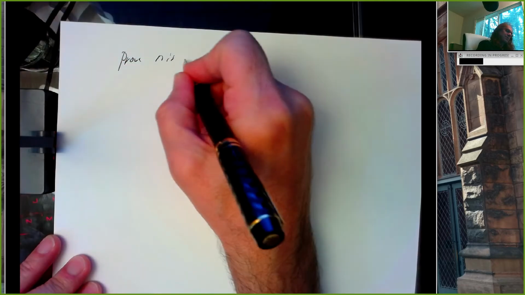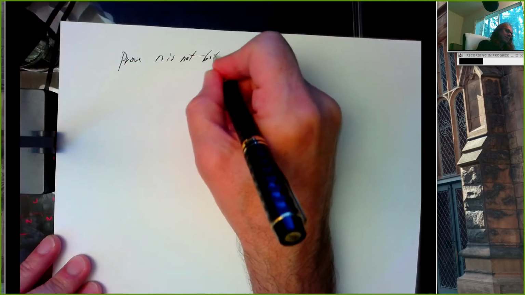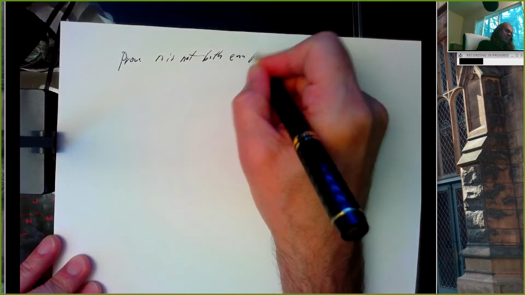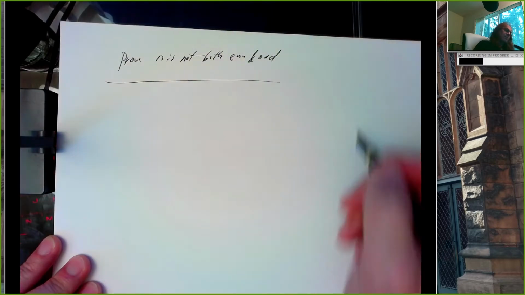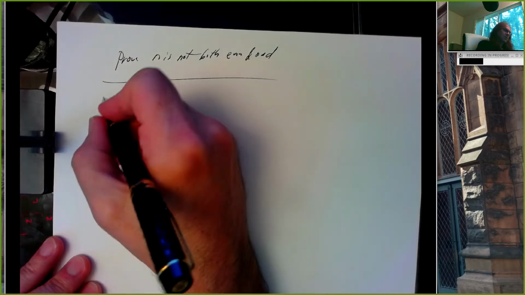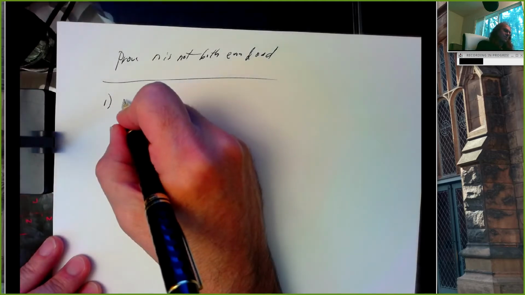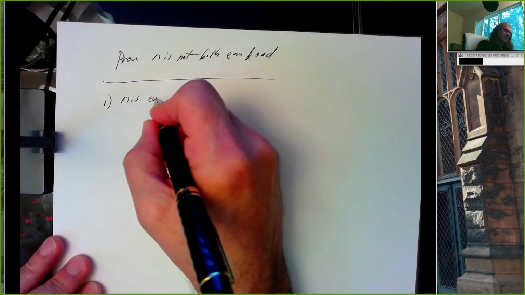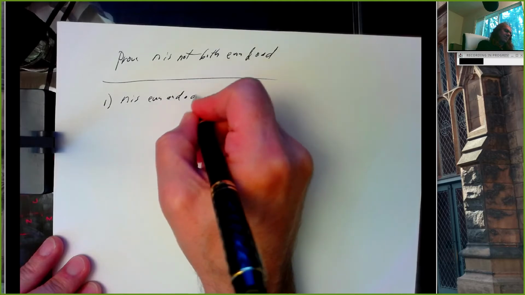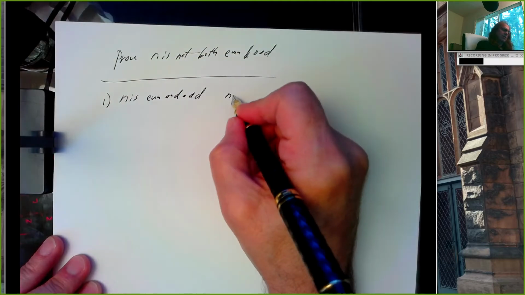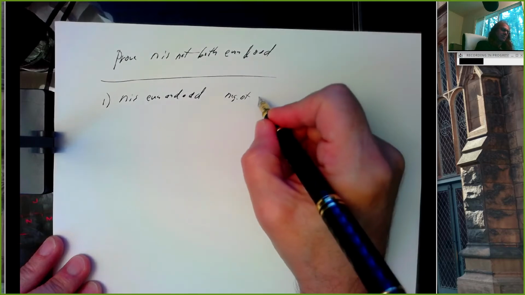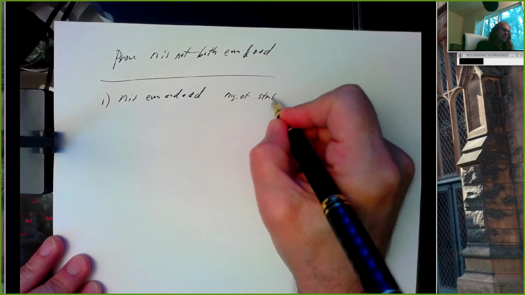Prove n is not both even and odd. So step one: n is even and odd. That's the negation of the statement.